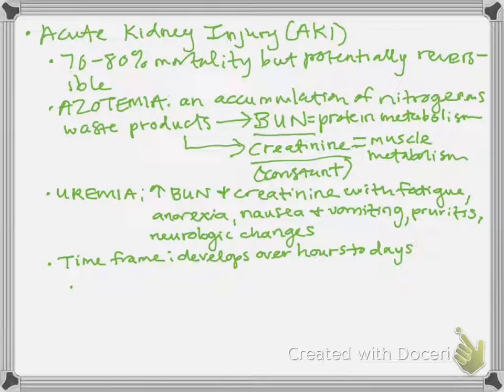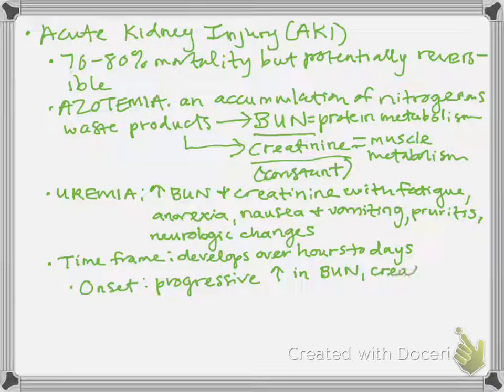The onset of AKI is marked by a progressive elevation, a progressive increase in BUN, creatinine, and potassium.